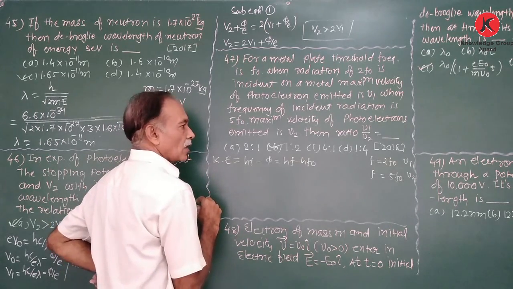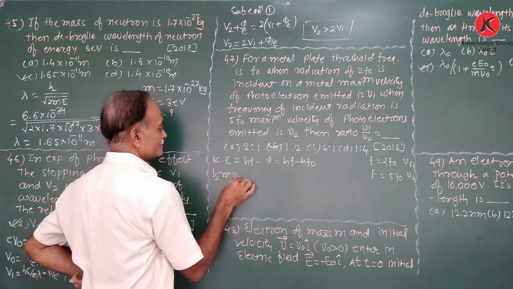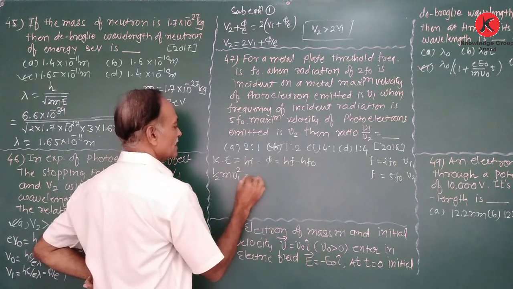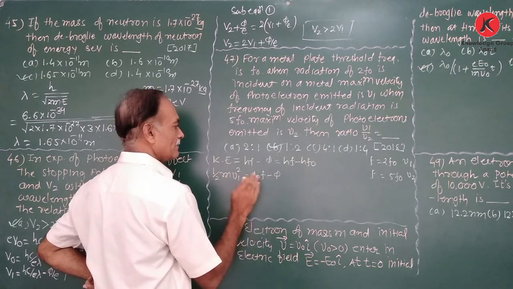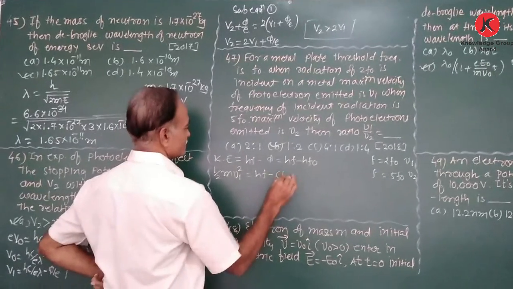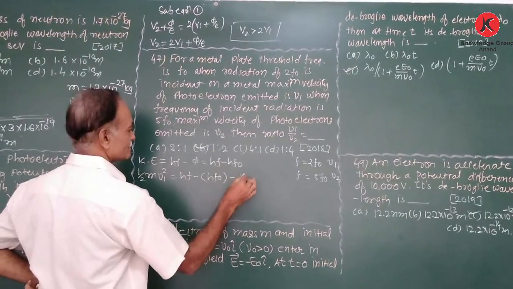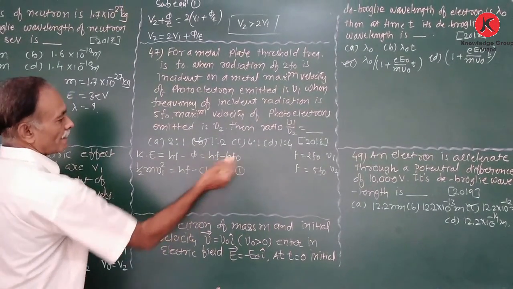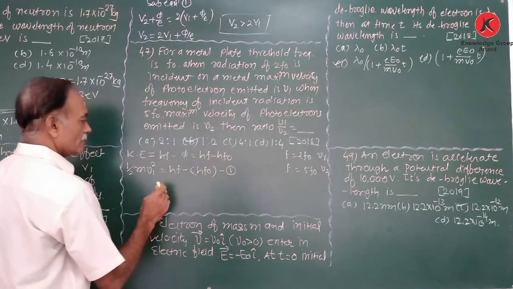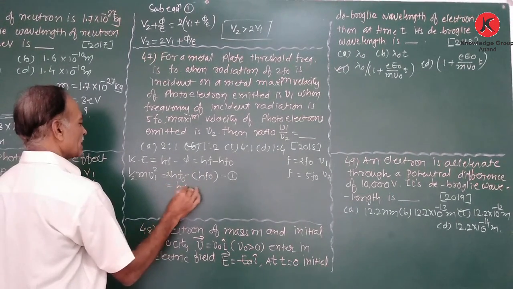Clear this? Okay. Therefore, half mv square is equal to hf minus phi, for the threshold hf0. That is our first equation. Now the frequency is 2f0, so the simplification gives hf0.